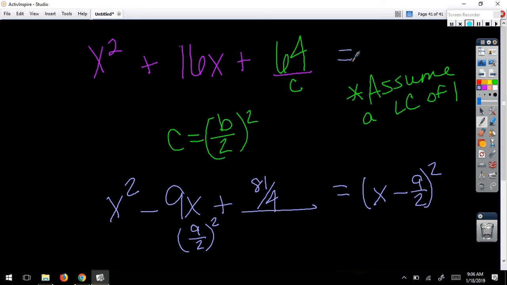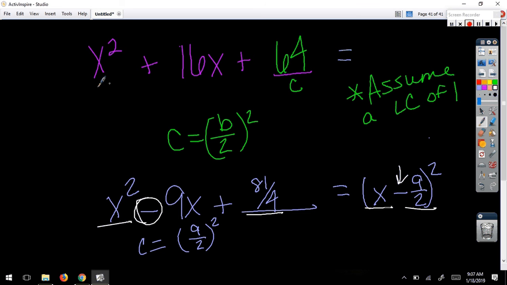It's a perfect square trinomial, and we know that because we used the formula for finding a good C. So when you have a perfect square trinomial, you do the square root of the first, the square root of the last, and you keep the first sign, squared.